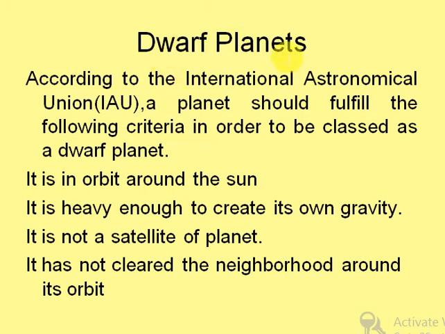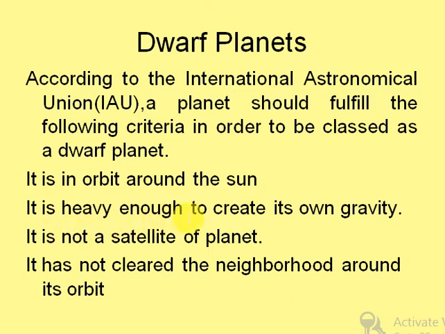Now let us discuss about the dwarf planet. In our previous module we did discuss about the planets, but here we will focus on the dwarf planet, what actually it is. According to the International Astronomical Union, IAU, a body should fulfill the following criteria in order to be classed as a dwarf planet. It is in orbit around the Sun.